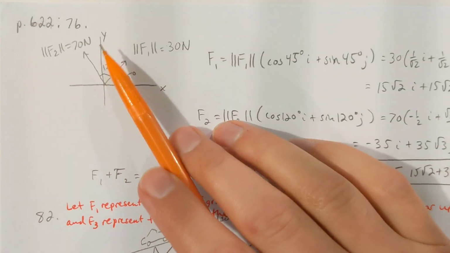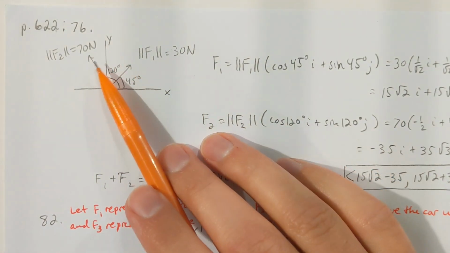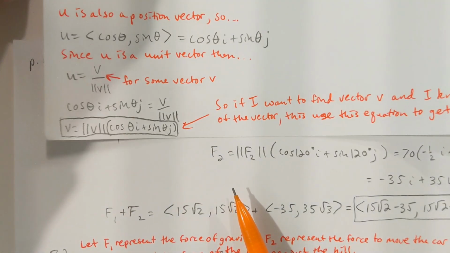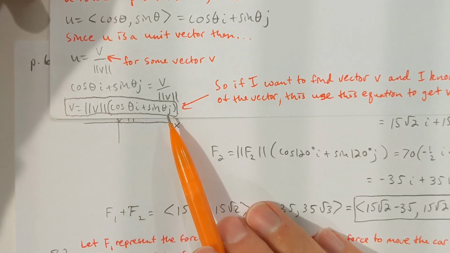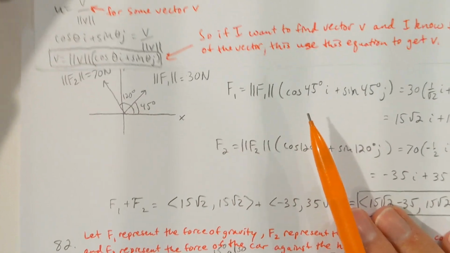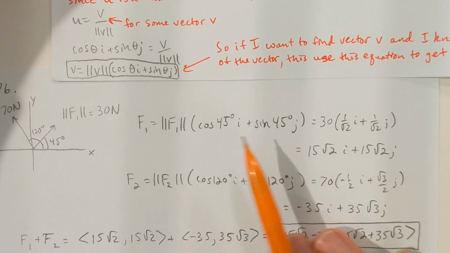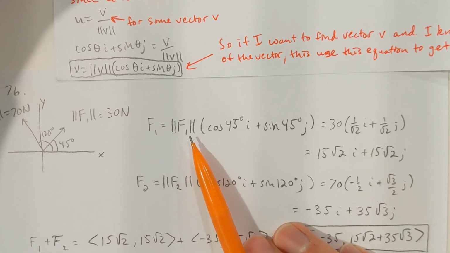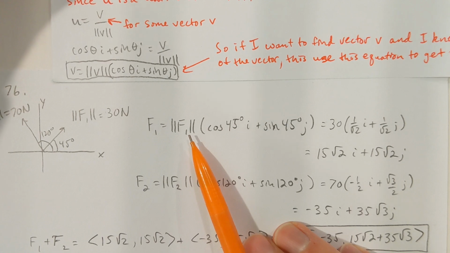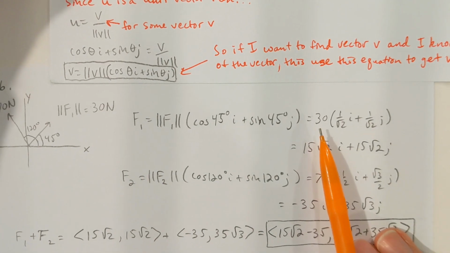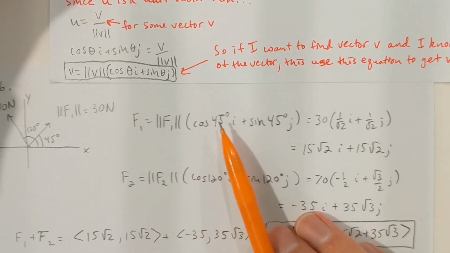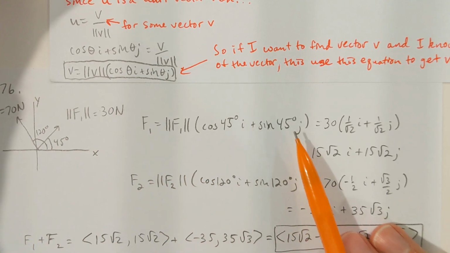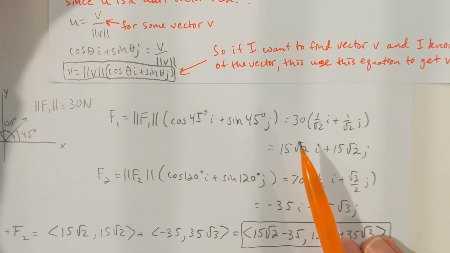They're telling me the length of F1 and the length of F2, along with the angle of inclination according to the x-axis. So in doing this problem, I'd want to be using this formula twice. Let's go ahead and do that. F1 would be calculated by taking the length of F1, which is 30 newtons, and multiplying that by cosine of 45 degrees i plus sine of 45 degrees j.